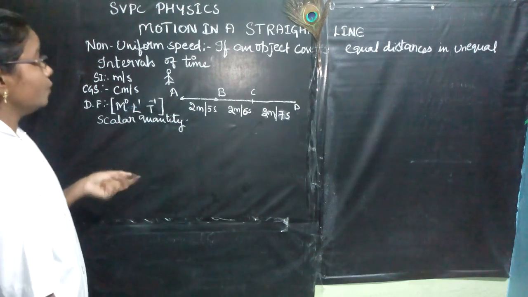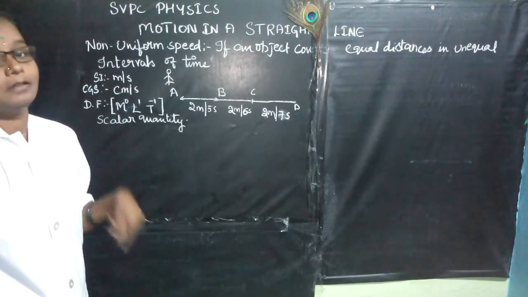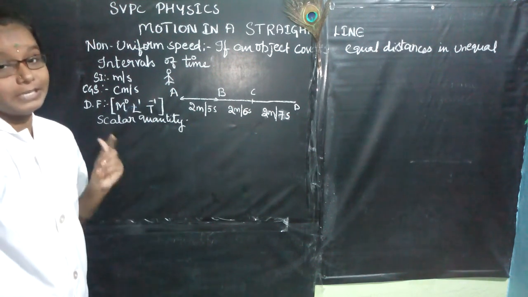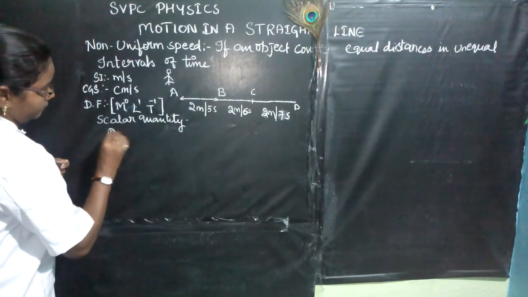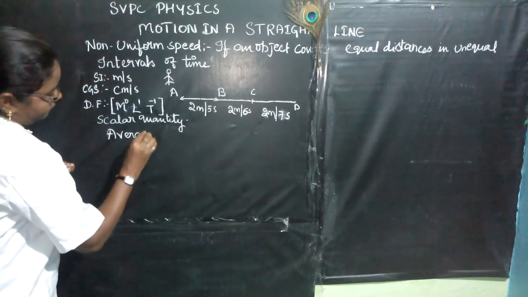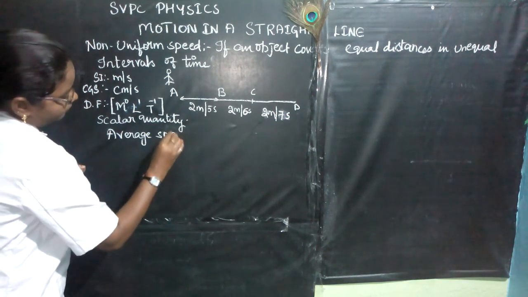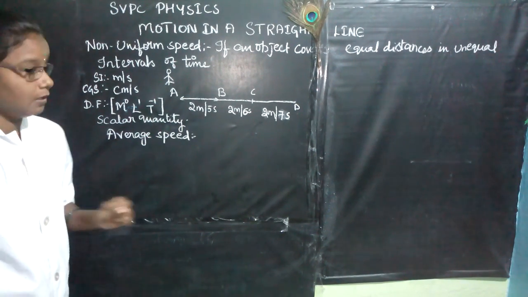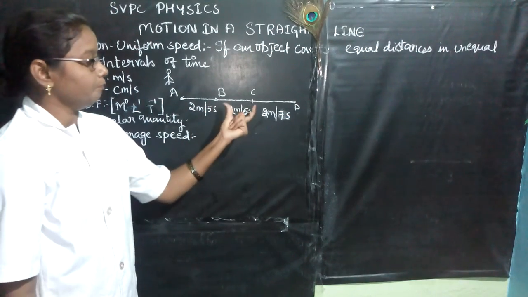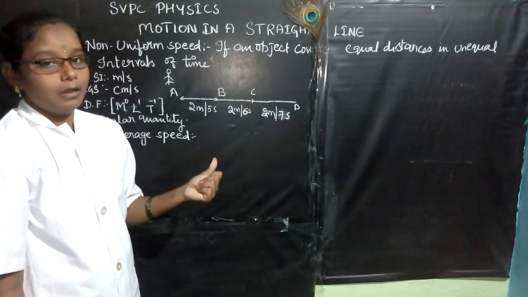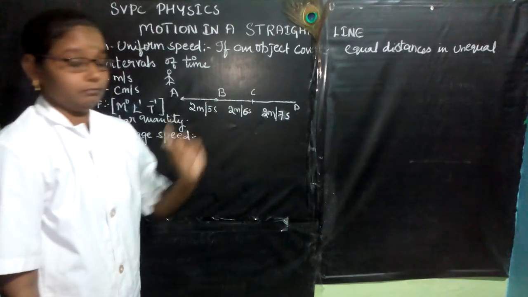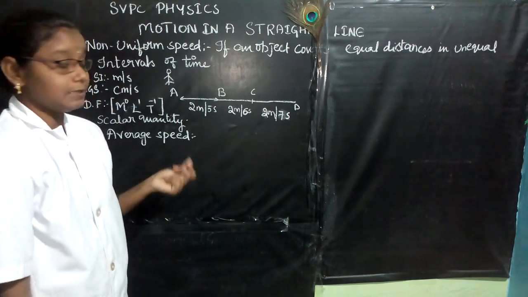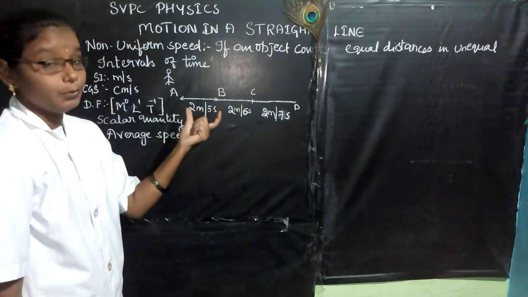Now we have learned speed, uniform speed, and non-uniform speed. Now coming to average speed. Suppose you take the same example: A to B, B to C, C to D, so from A to D. If I want to calculate distance, what do I need to do?